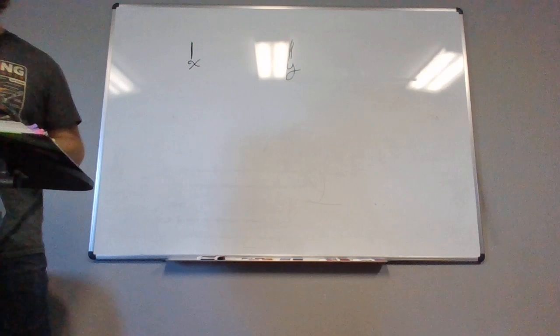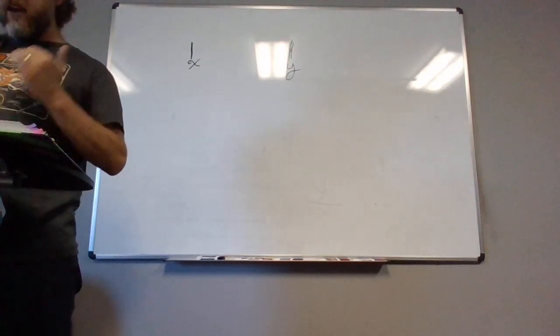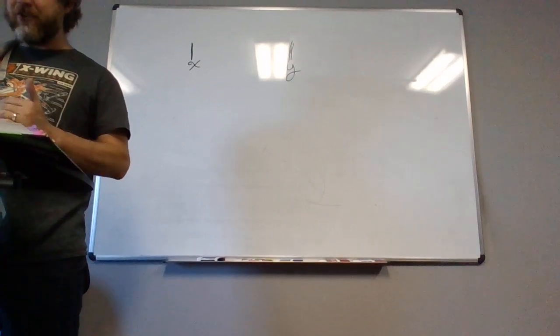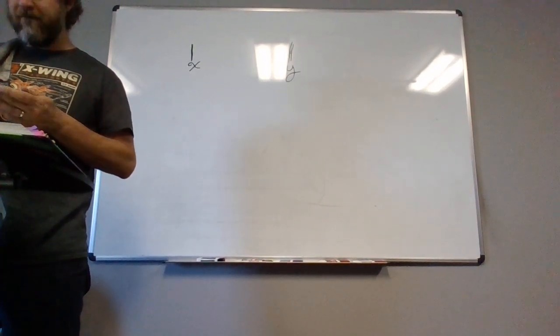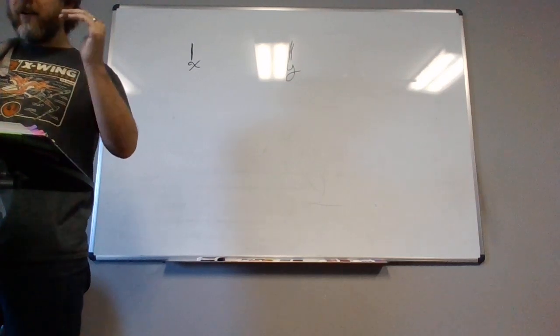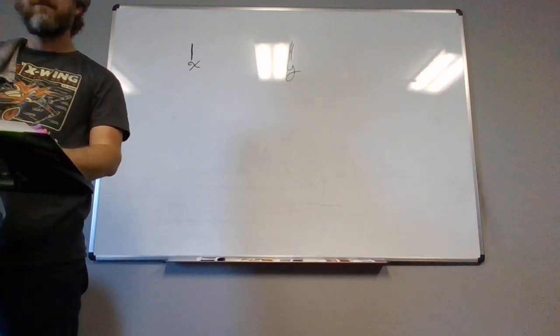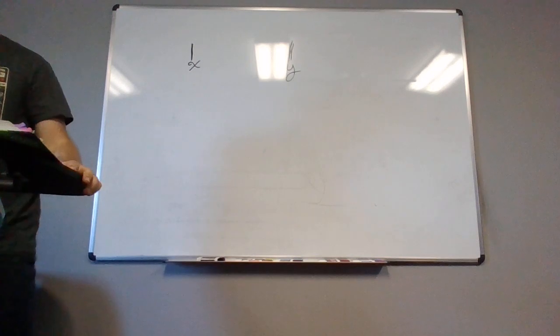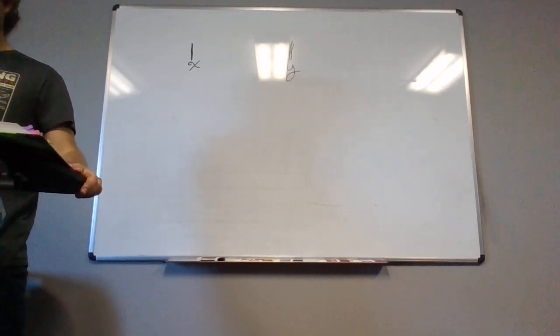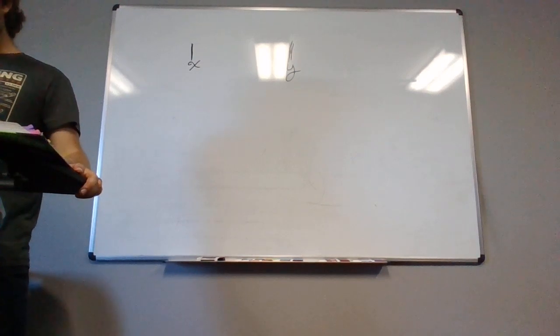Okay. Look at 1A, and y'all tell me whether that is or is not a function. It is a function. How do you know it's a function? Because none of the x's repeat. Well, it doesn't matter whether the y's repeat, but none of the x's repeat. Okay, what about 1B?